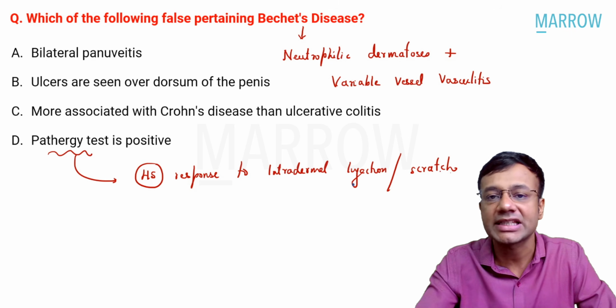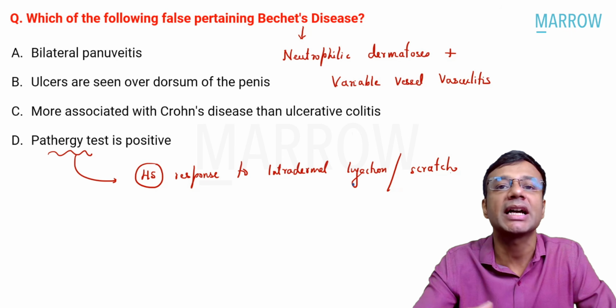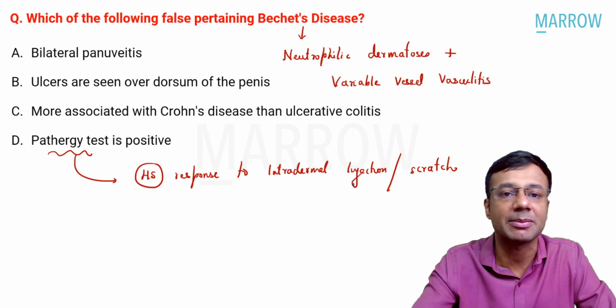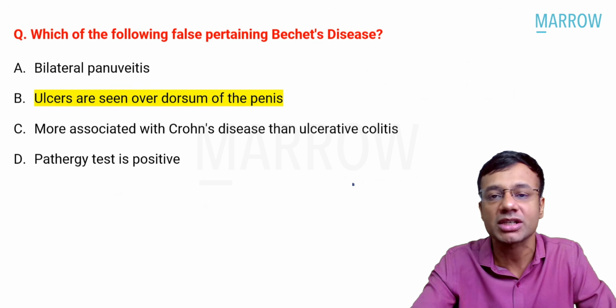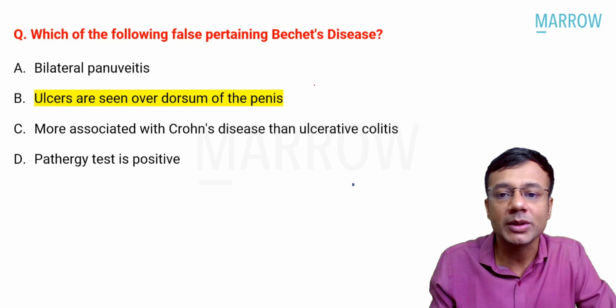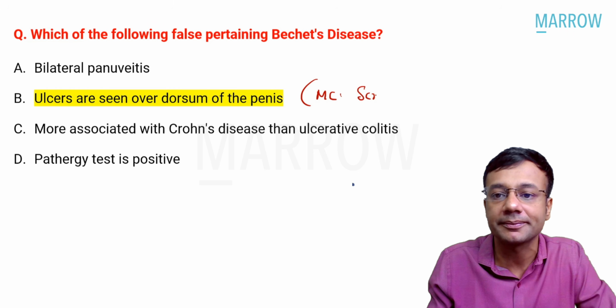So any form of scratch or intradermal injection, such as saline injection, can produce a hypersensitivity response where pathergy can be positive. The correct answer for this question is that ulcers are seen usually on the dorsum of the penis, which is the wrong statement. Usually, the most common site of ulcers in Behçet's disease is the scrotum.